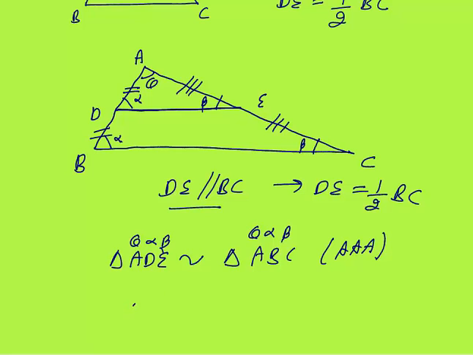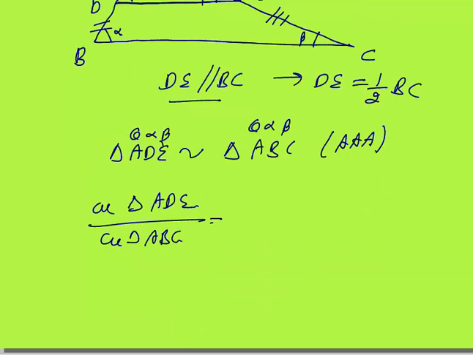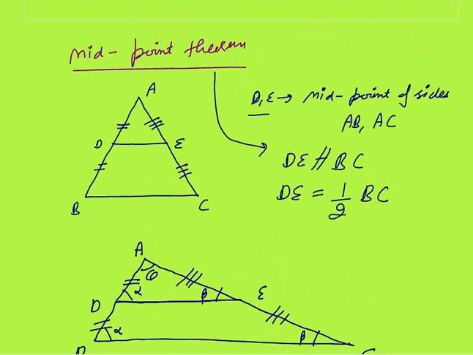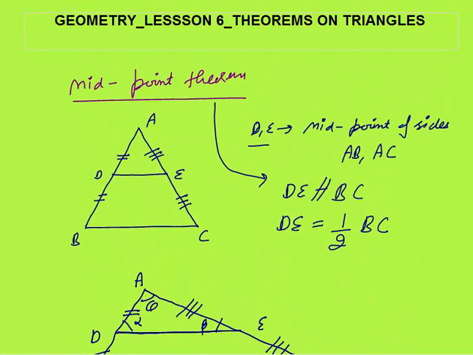So the area of triangle ADE upon the area of triangle ABC will be in the ratio (1/2) whole square, that is the ratio of the square of sides. So a very important midpoint theorem: if D and E are midpoints, then DE will be parallel to the third side and half of the third side.